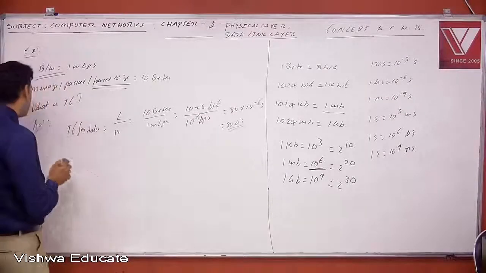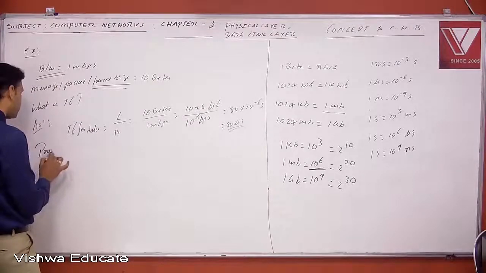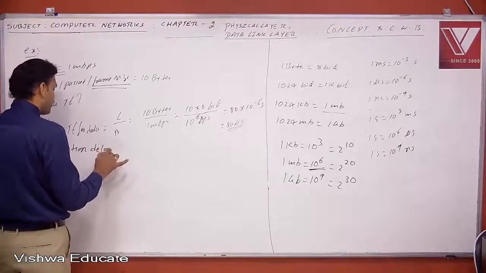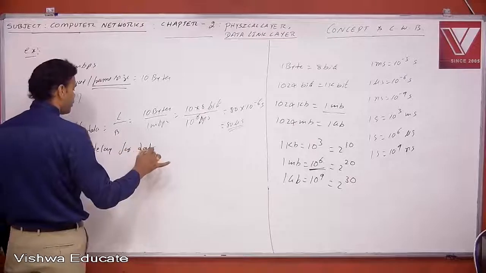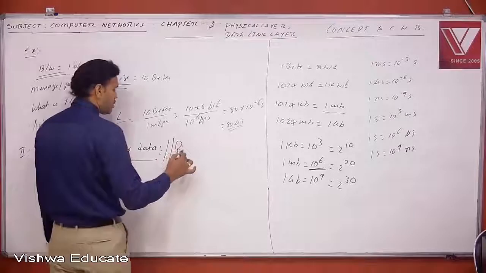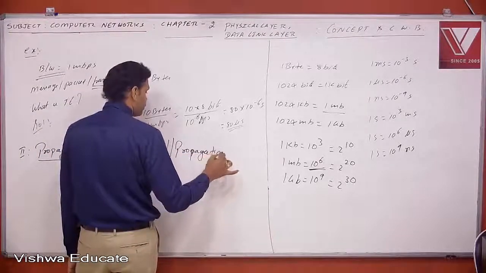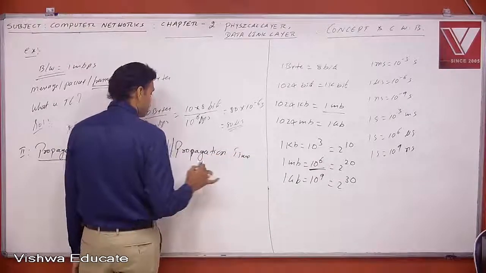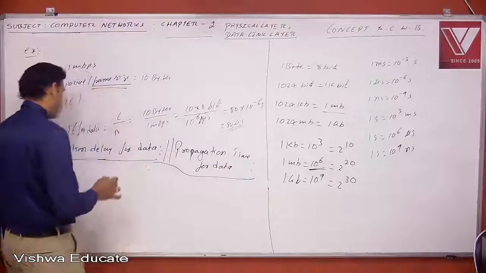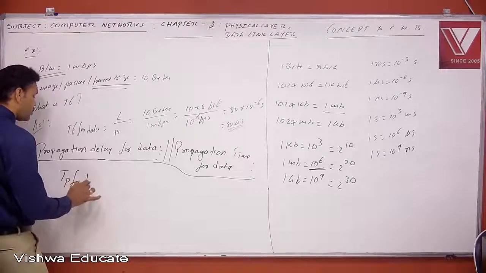Okay, friends. Now we will see the second delay, that is propagation delay for data. This is also known as propagation time for data. Okay, what is this? TP for data.